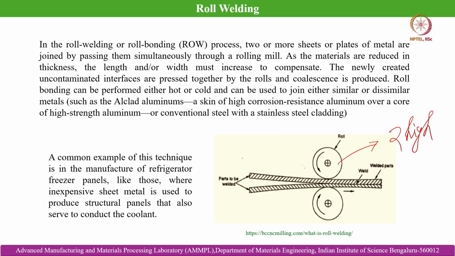There it is more economical to do it by this roll welding route. A common example of this technique is in the manufacturing of refrigerator freezer panels, where inexpensive sheet metal is used to produce structural panels with cladding achieved via the roll welding route.